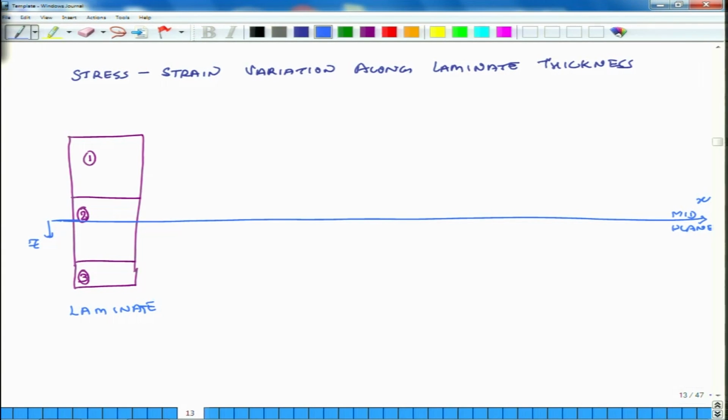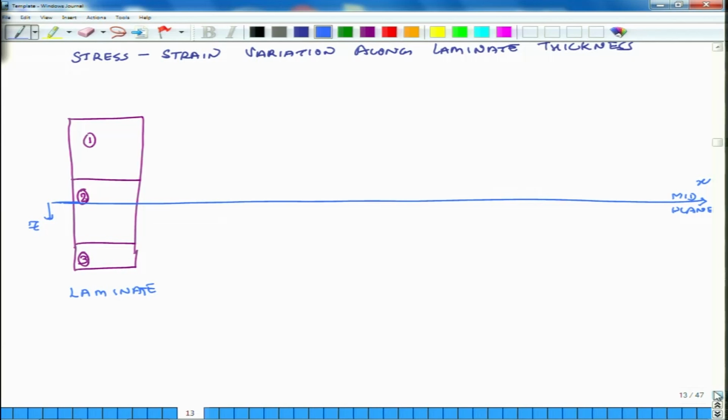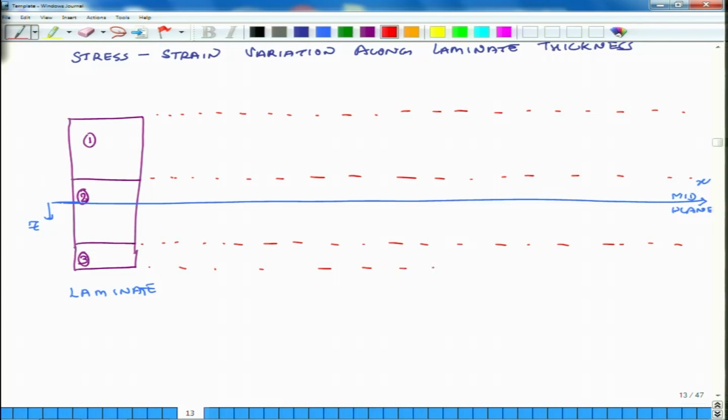Now, the first thing we will explore is how does strain change along the thickness of the laminate. So, we will just make some dotted lines for purposes of reference. These are reference lines.